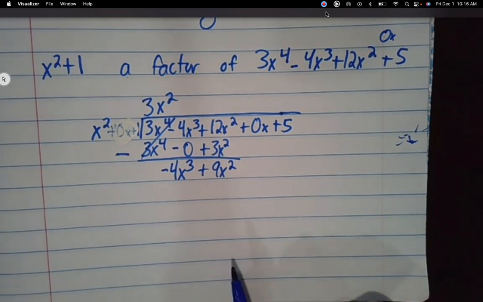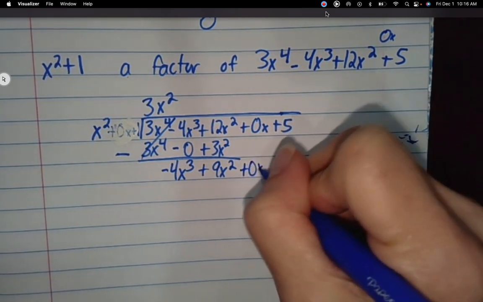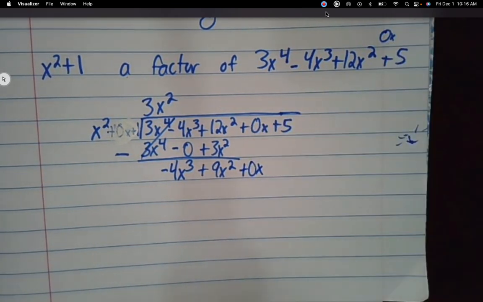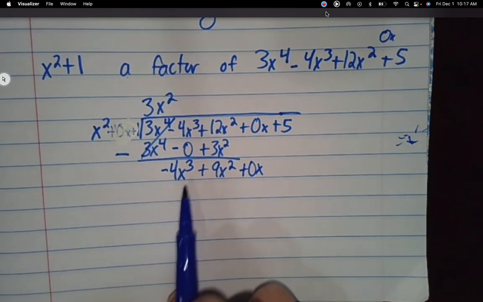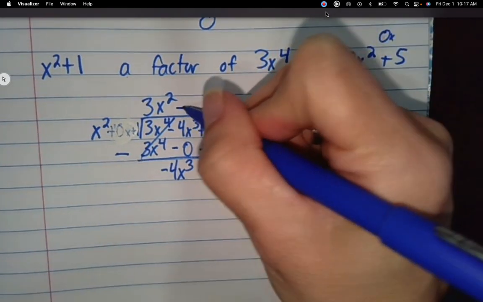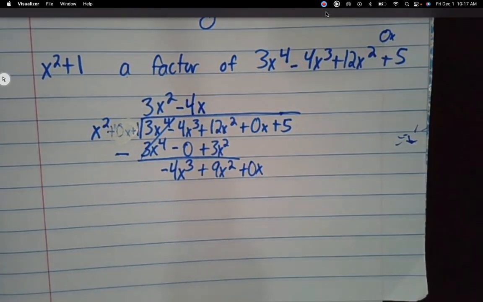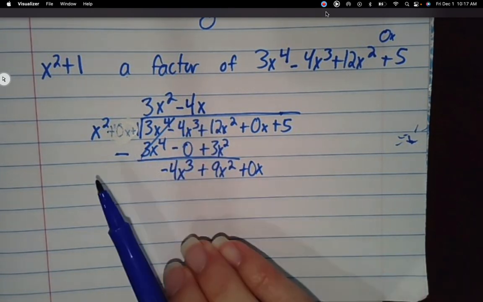I think you always bring down one at a time. So what times x squared gives us the negative 4x to the 3rd? First of all, we need a negative 4, and we need one more x. So what is negative 4x times x squared?